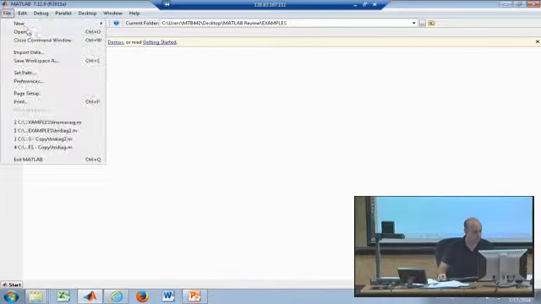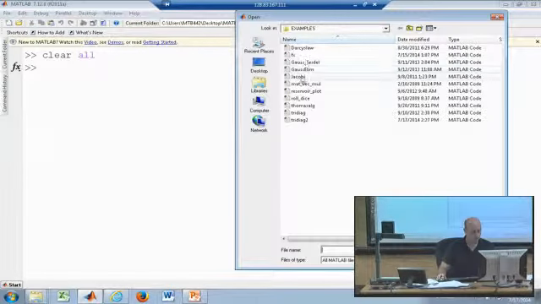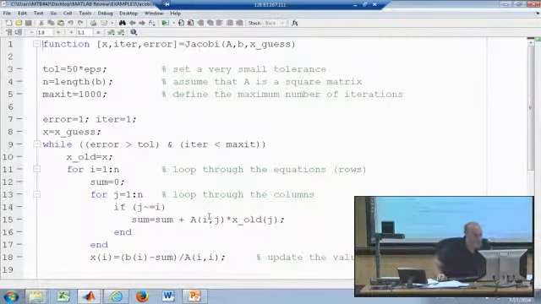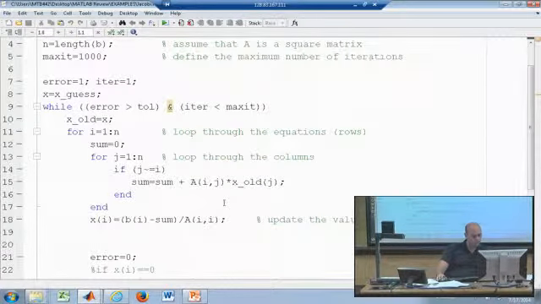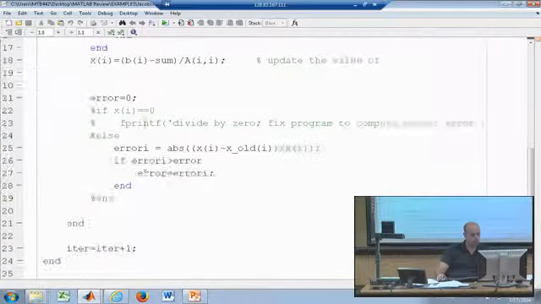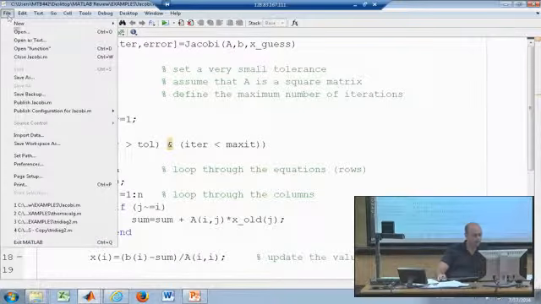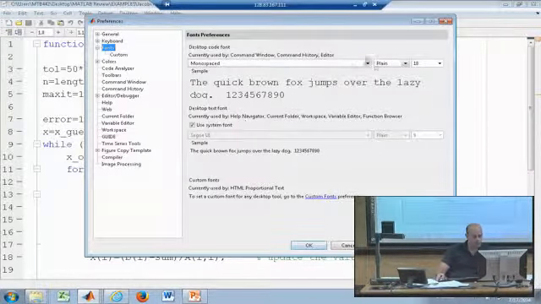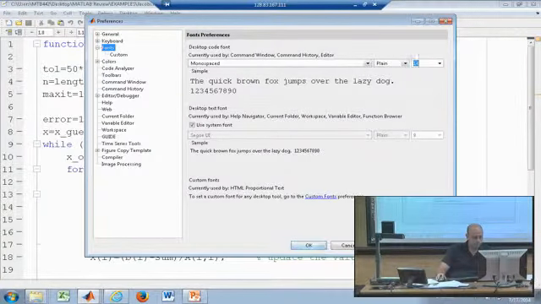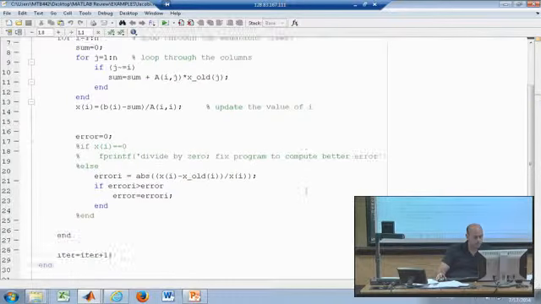I think that's file, open, Jacobi. This is exactly the same, or close to exactly the same, as what I had shown by hand. Hopefully you can see this; I'm going to change the font.